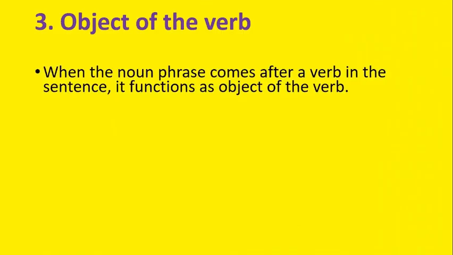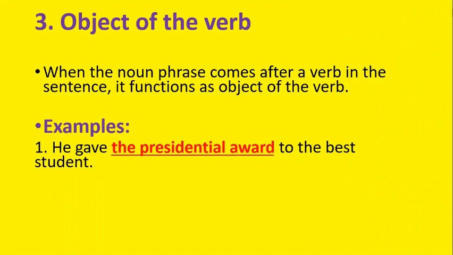The third one is object of the verb. A noun phrase can also function as object of the verb. When the noun phrase comes after a verb in the sentence, it functions as object of the verb that comes before it. For example, he gave the presidential award to the best student.